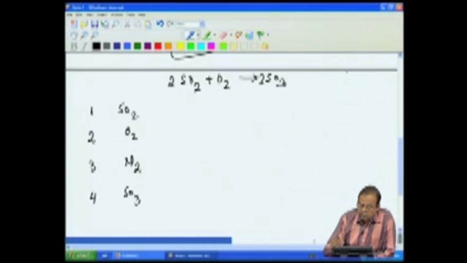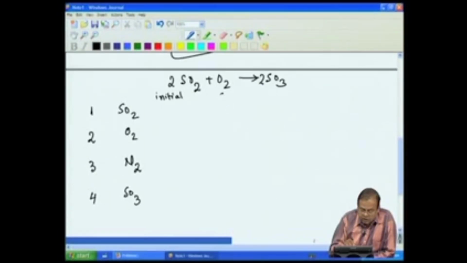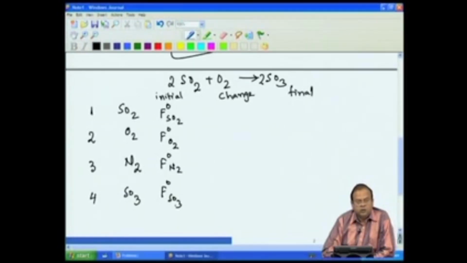Let me write here initial, change and final for all these species, and let us say F naught SO2 is my initial, F naught O2, F naught N2 and F naught SO3 as my initial, and I am going to define my conversion F in terms of SO2.